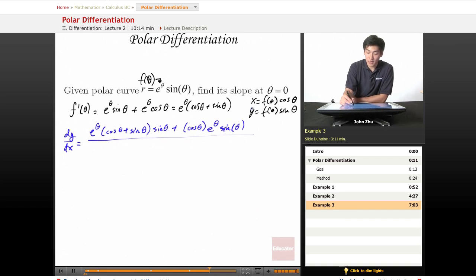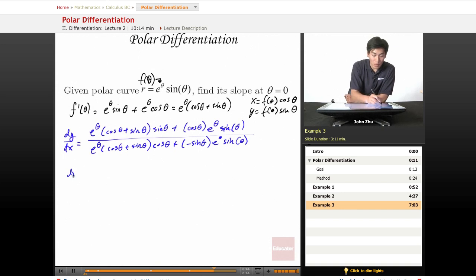So dx/d theta is defined here. So the first derivative of f of theta times the second term plus derivative of the second term times the first term. And we want to find dy/dx when theta equals 0.